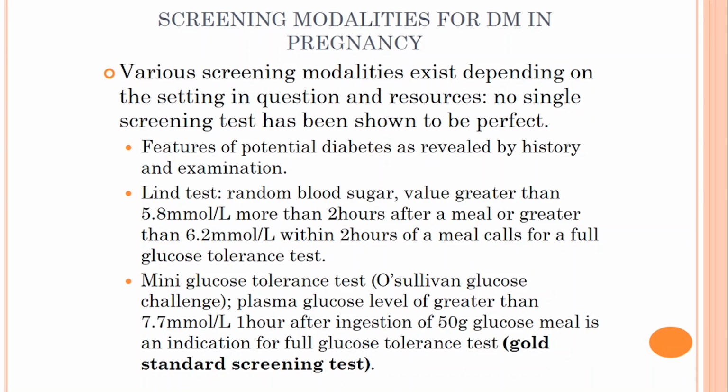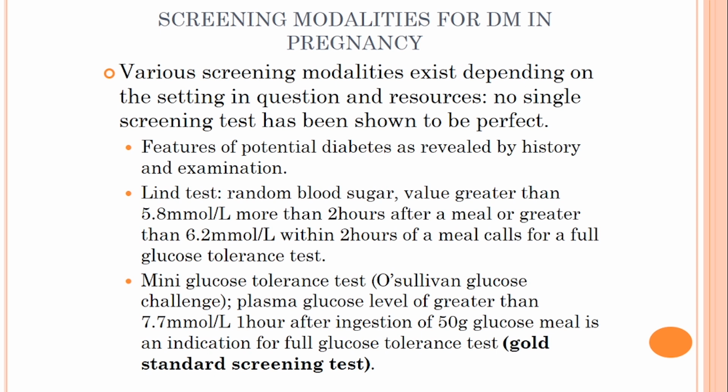So, the third screening strategy, which I would say is the gold standard, the commonest, which is in vogue now, is the mini glucose tolerance test, otherwise known as the O'Sullivan glucose challenge. How is it done?